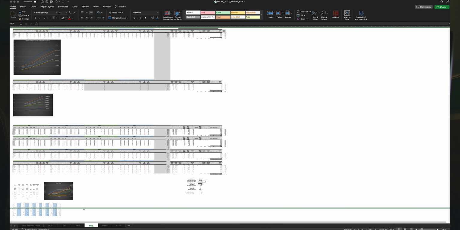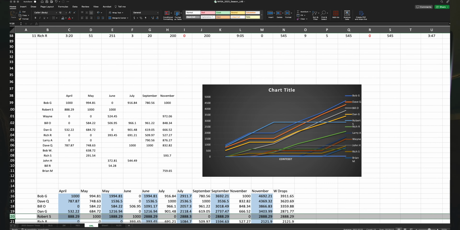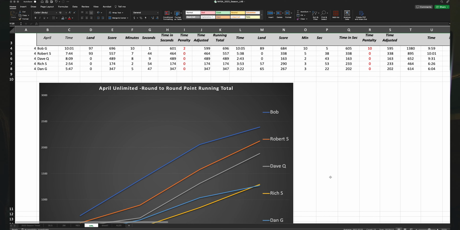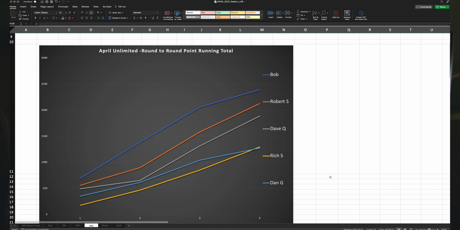So we're going to back up here and we're going to go into what I call my lab. So what we did is we took an unlimited contest and we asked the question round by round, what does this look like?